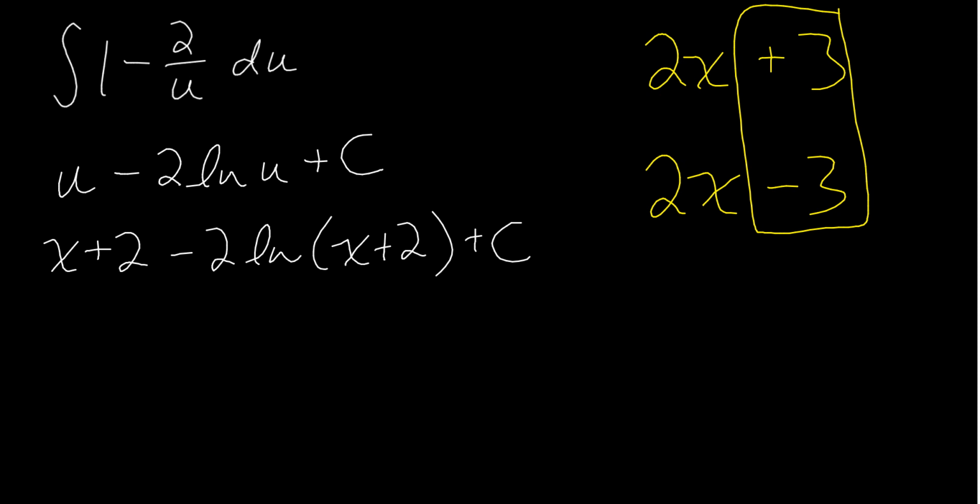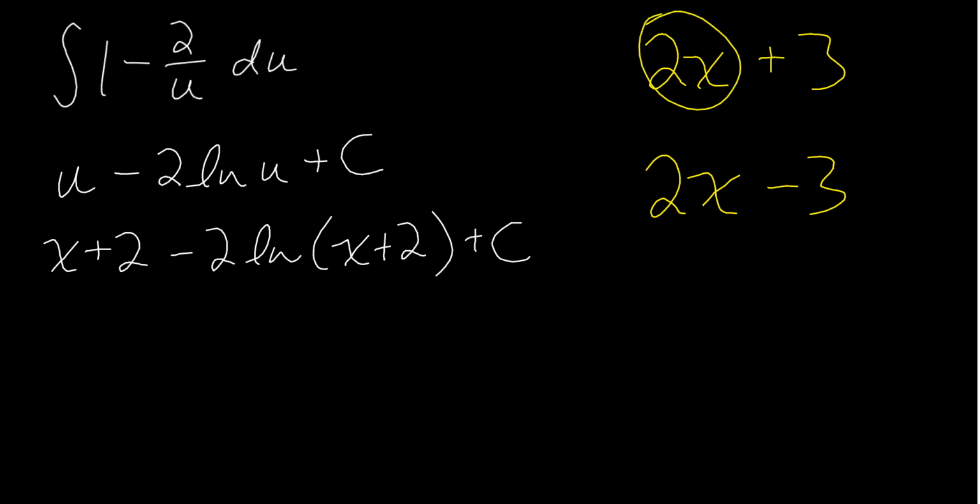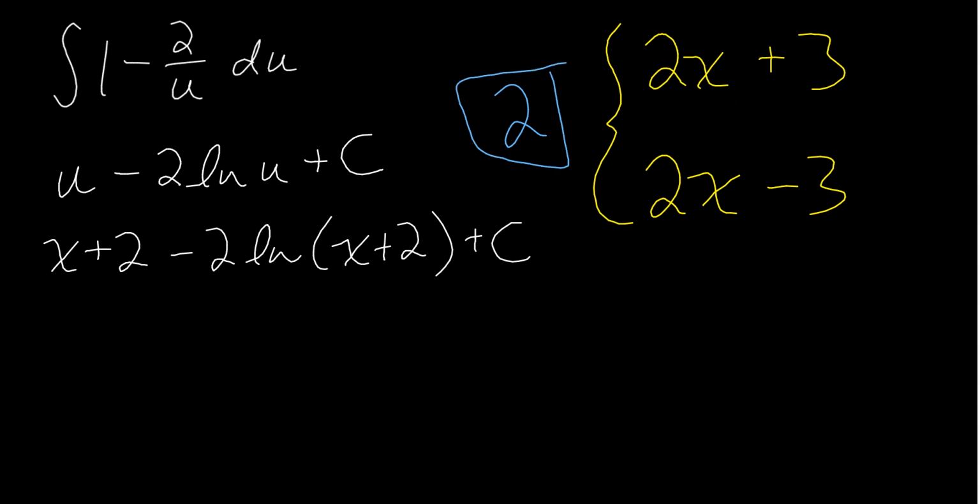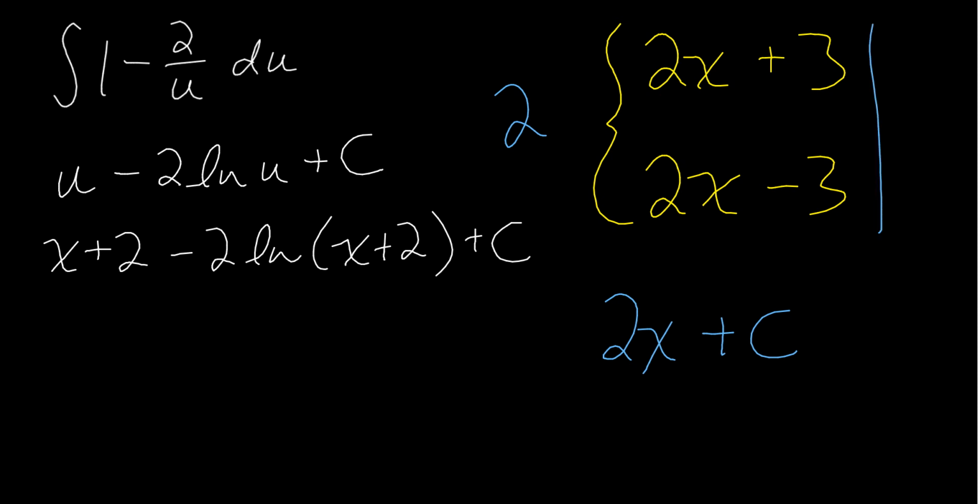But if I took the derivative of these two equations, the derivative of both of them is going to be 2. If I integrate 2 with respect to x, I end up with simply 2x. And if you recall, that's why we put the plus c. When we integrate this function, the c can be anything. But it is a constant. It has no variable.